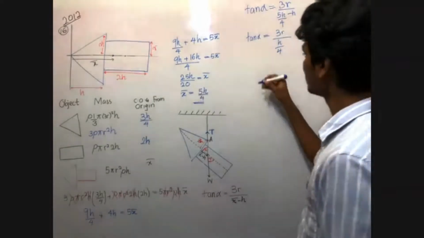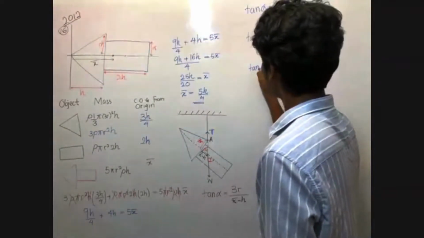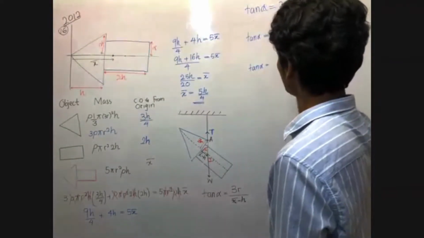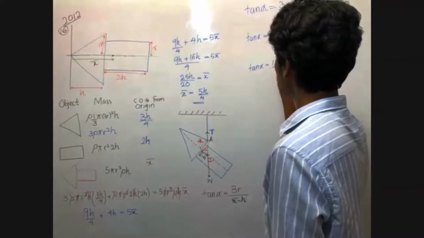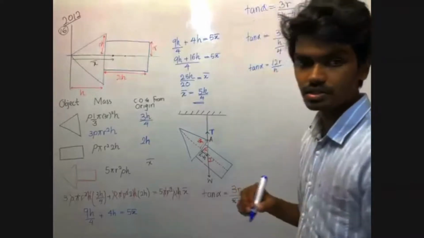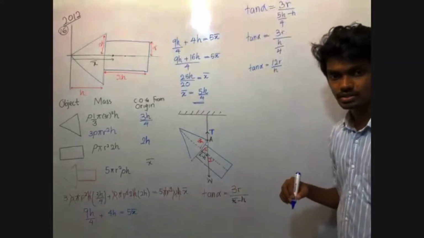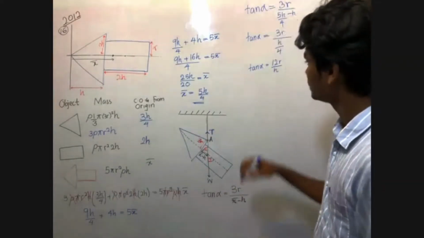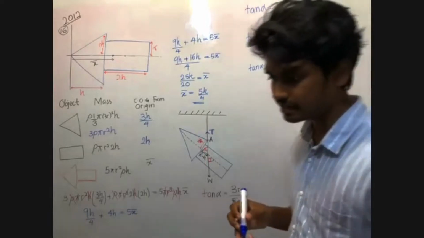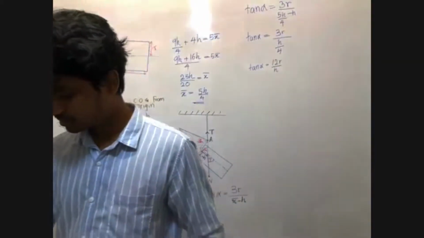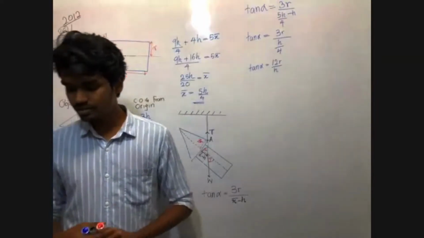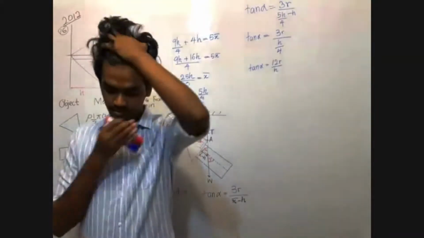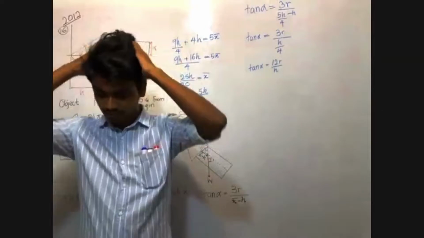Right? Tan alpha is h over 4 goes up, 12r OH, which means they are asking tan alpha. Yes, tan alpha is 12r OH. Right. That part is also done.